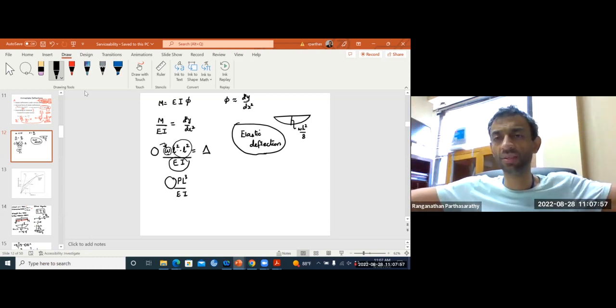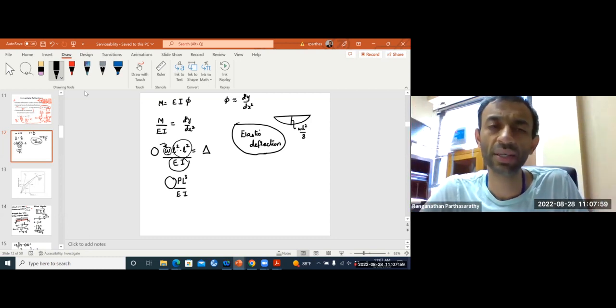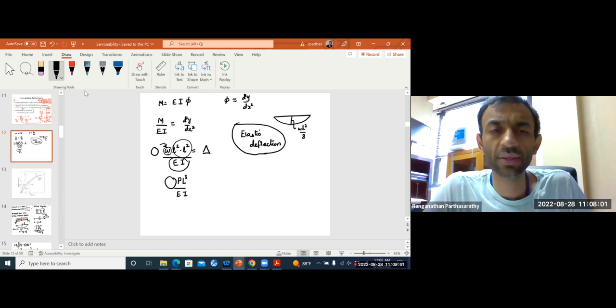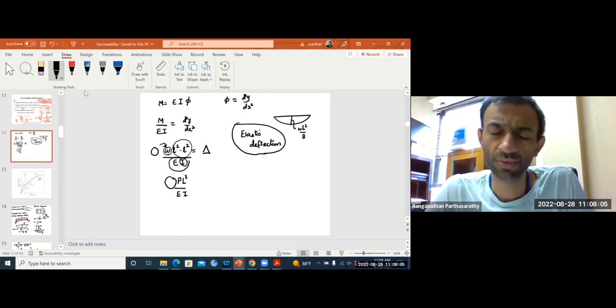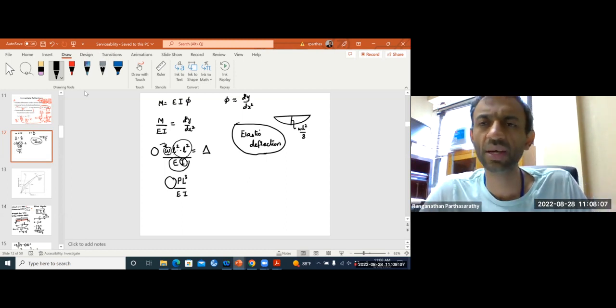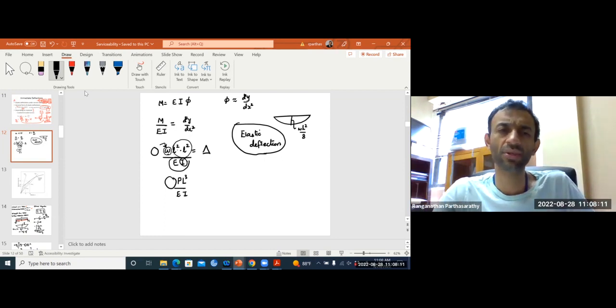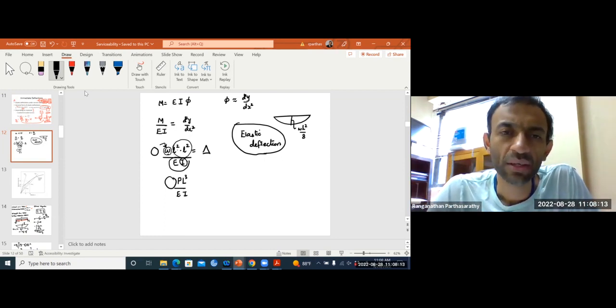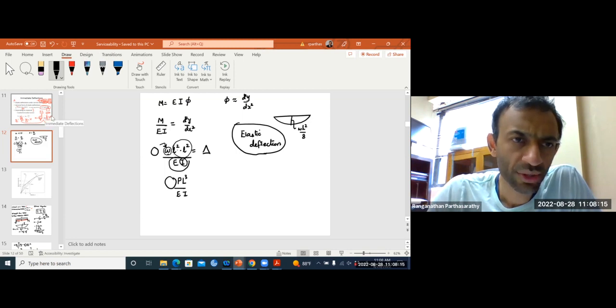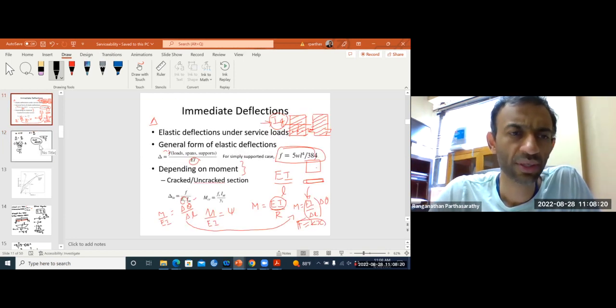So if you have a longer span, you will have more deflection, right? And it depends on your moment of inertia. So this you know from your mechanics of materials. Higher the moment of inertia, the stiffer it is, the smaller is your deflection, right? Now, how do you calculate deflections in this reinforced concrete beam?